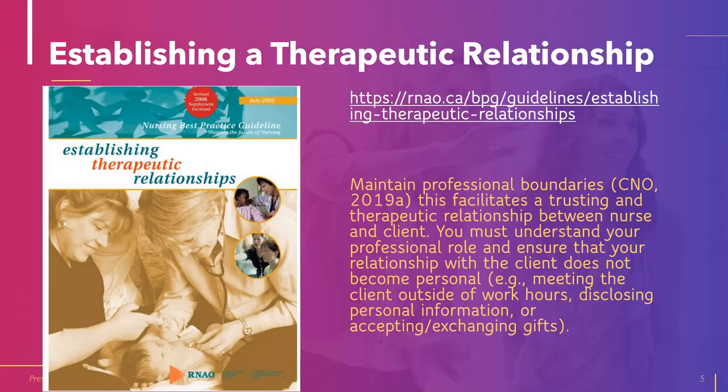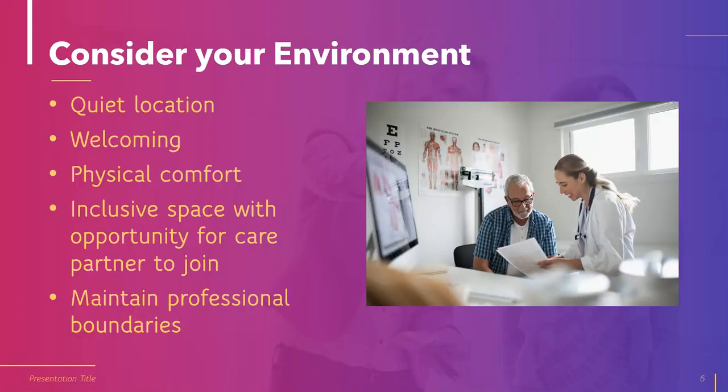Meeting the client outcomes is important, and of course, staying within your professional role and not, for example, exchanging phone numbers or accounts such as Instagram or Facebook, disclosing personal information, or accepting or exchanging gifts as well.